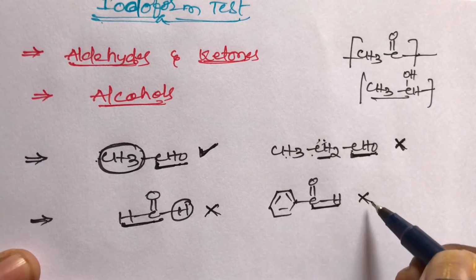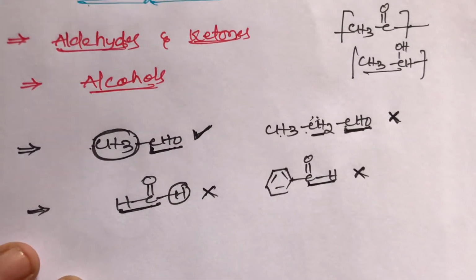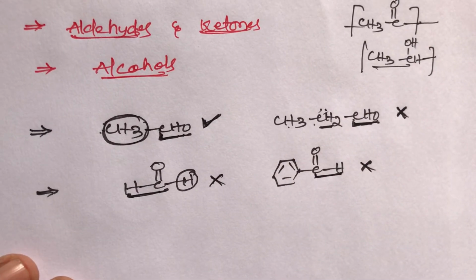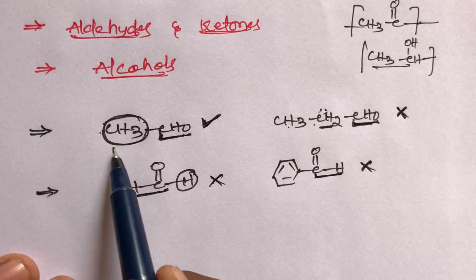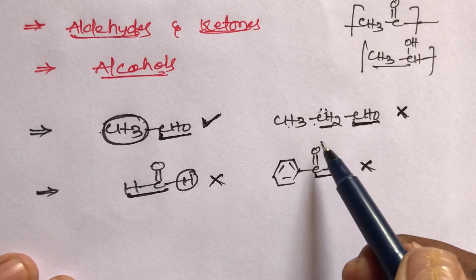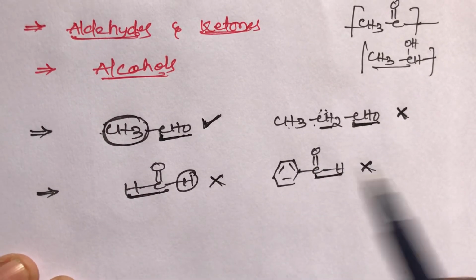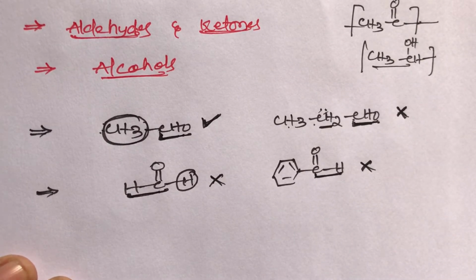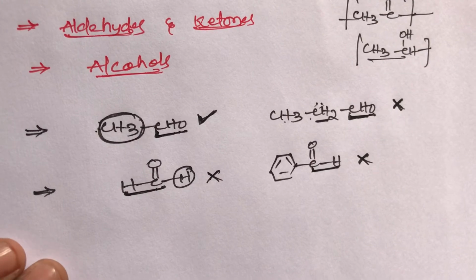So this also does not give the iodoform test. These four belong to the aldehyde functional group, and all of these aldehydes do not give the iodoform test. Only acetaldehyde gives the iodoform test, and the remaining ones, propanaldehyde, formaldehyde, benzaldehyde, butanaldehyde and so on, do not give the iodoform test. This is very important, students.